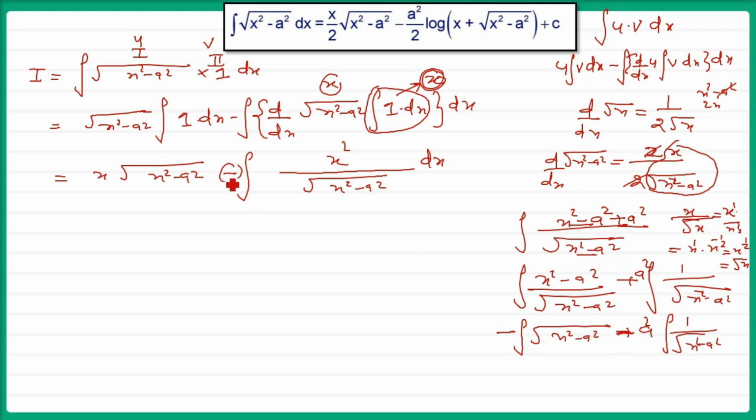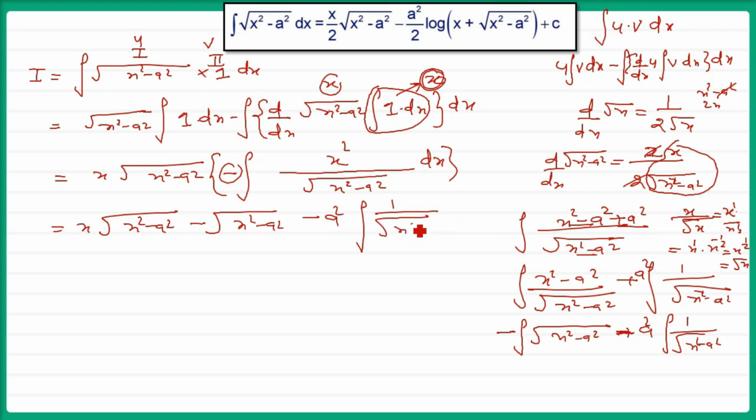So let's write x under root x square minus a square. Then you have negative under root x square minus a square integral, then you have minus a square outside, 1 by under root x square minus a square. Now you see there is already an I in between. This is I only, from where we started.